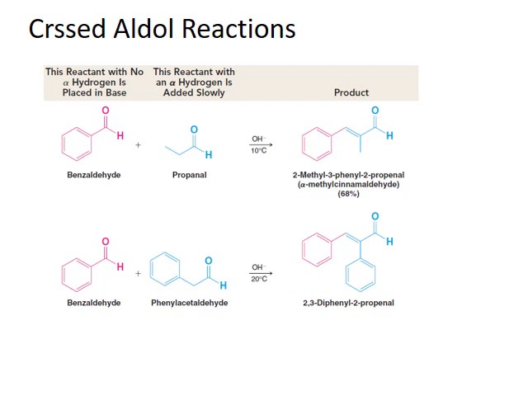Second step, we add the solution of propanal, the aldehyde containing alpha hydrogen, to a mixture of benzaldehyde and sodium hydroxide. Slowly.